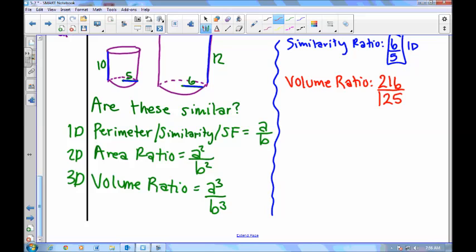Okay, so let's find the volume of the large; I'm going to put a sub L. Does anyone know the formula for the volume of a cylinder? Okay. So what you do is you find the shape on the bottom. What's the shape of the bottom of the cylinder? Circle. Do you know the area of a circle?